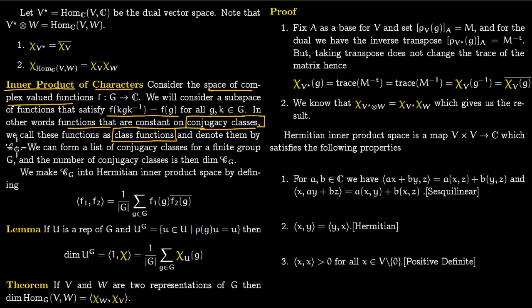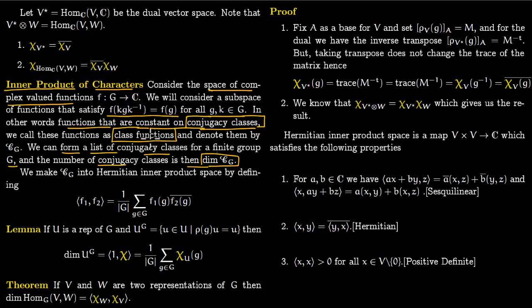Because they're constant on conjugacy classes, the number of conjugacy classes is precisely the dimension of this, because on every conjugacy class this function is a constant because of this relationship. So for a finite group G, you can form a list of conjugacy classes, and the total number of conjugacy classes is the dimension of this C of G, that is, the dimension of class functions.